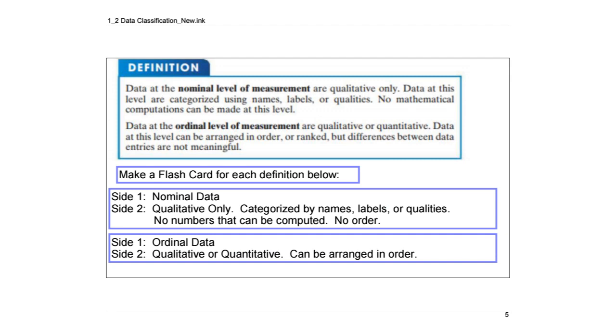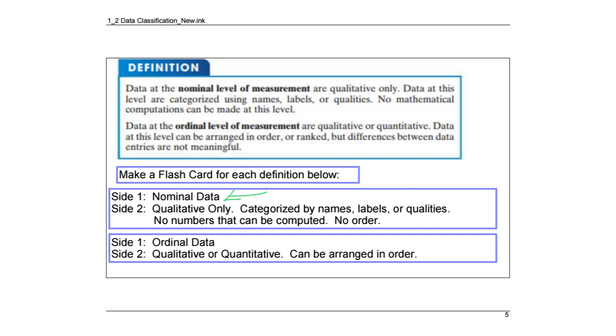All right, more vocabulary here. So again, we're going to set up flashcards. For nominal level of measurement, we're going to call it nominal data on our flashcard. These are only qualitative. And so to me, nominal kind of sounds like names, right? So these are names, labels, or qualities.